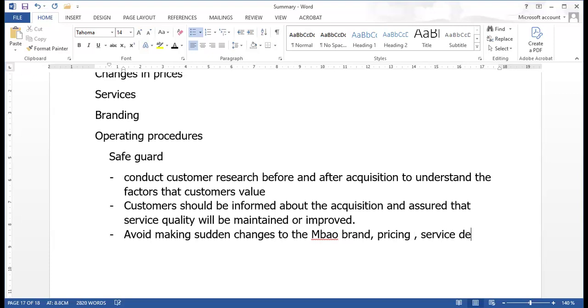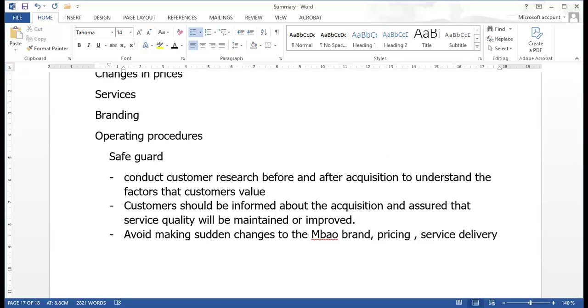You do these things in phases until you understand how customers are likely to respond. Don't just change things before you understand how these customers are going to respond.